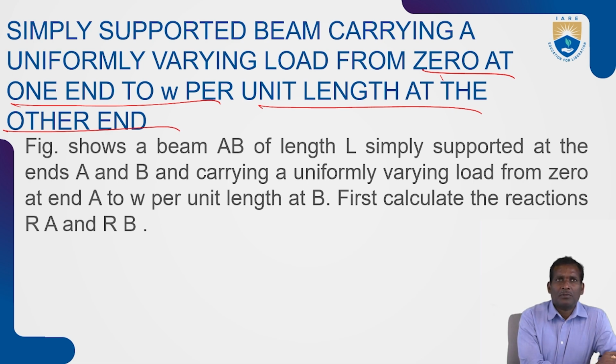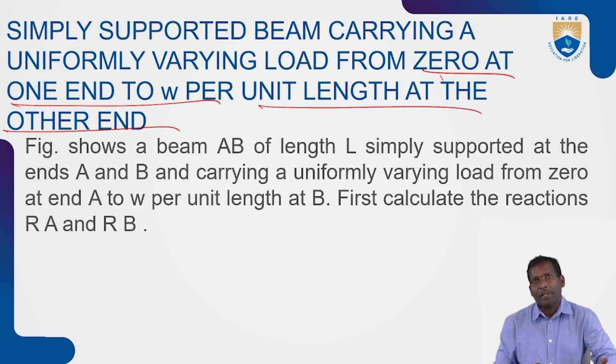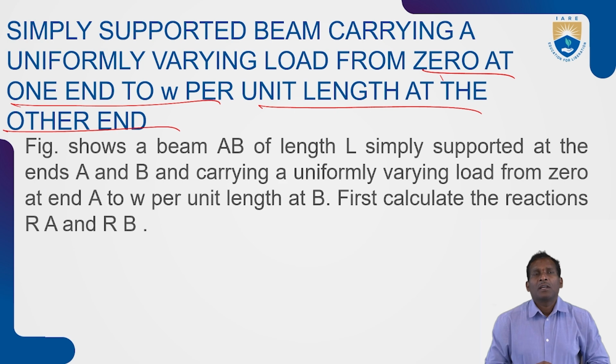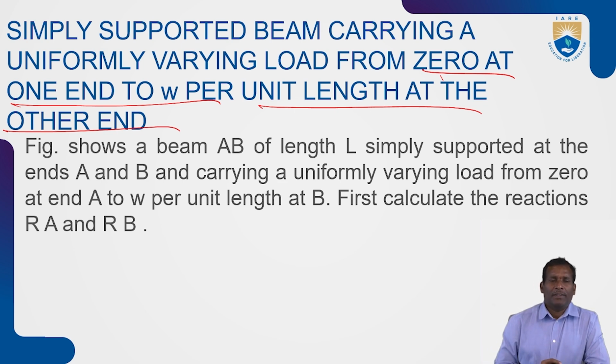In the previous case we saw the load only at its center, but here the simply supported beam carries a UVL that is 0 at one end and W per unit length at the other end.